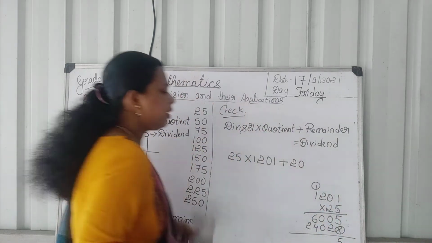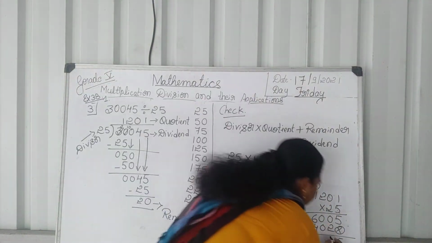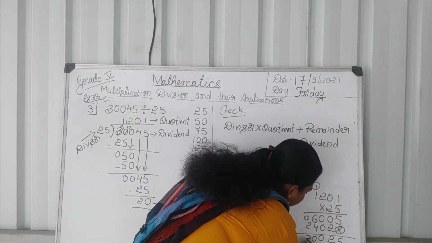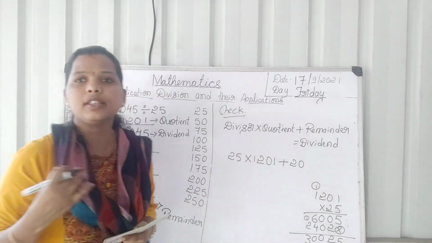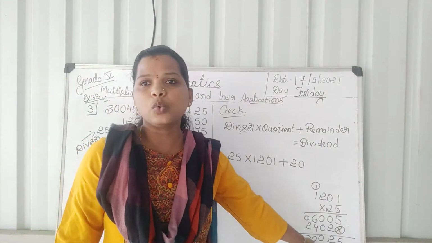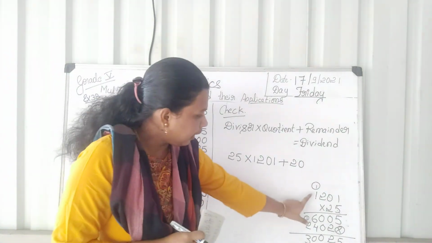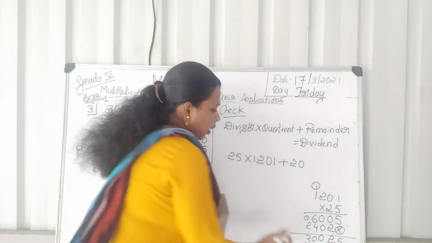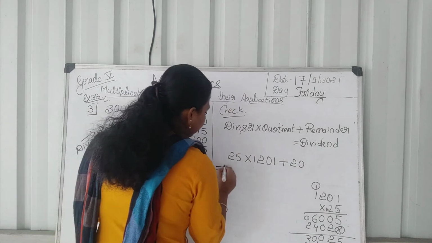Now add both the numbers. 5, 2, 0, 6 plus 4, 10, carry 1, 2 plus 1, 3. We get the answer as 30,025. After multiplying the divisor into the quotient, the product is 30,025.